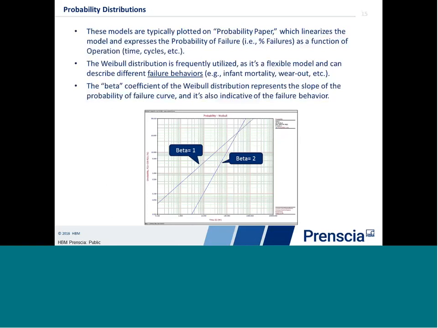It's literally a slope, or what's called a shape parameter, in this life distribution. What it really means is the higher the beta, the more closely grouped the failure times are, the more likely things are to fail around the same time. A lower beta means we have greater variability in our times to failure.